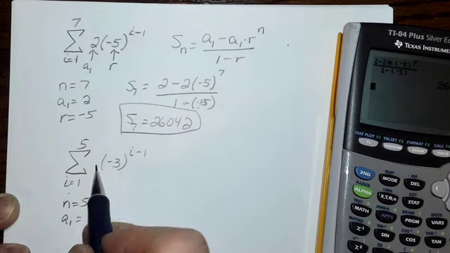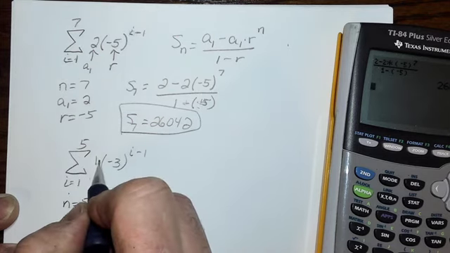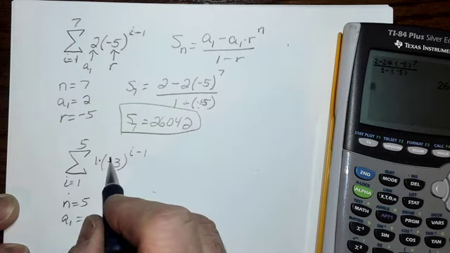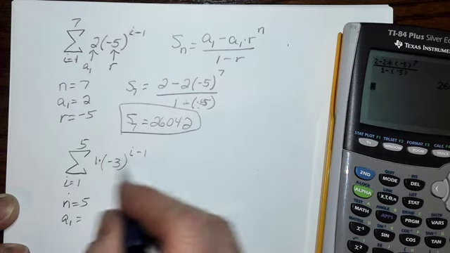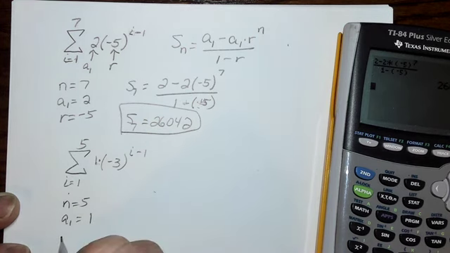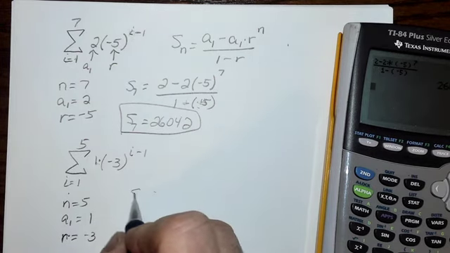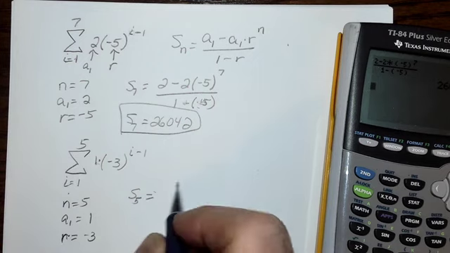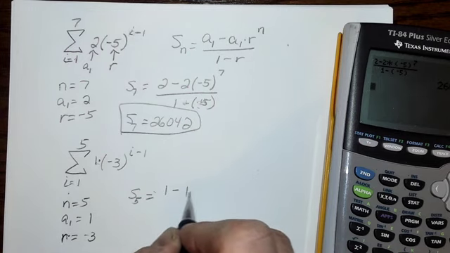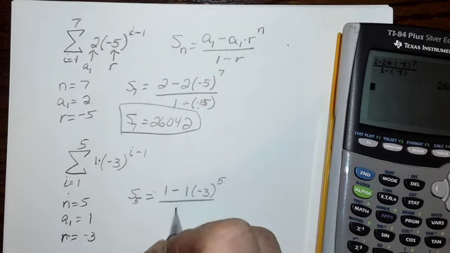A1, what is a1? Well, it's the number that's right here. And since there isn't a number, I could put 1. And so it ends up, if there isn't a number in front of that parenthesis, that's what your first term is, a1. And then r is going to equal negative 3. And now we could plug it in the formula. Sum of the first 5 terms is a1 minus a1 times r to the n over 1 minus r.